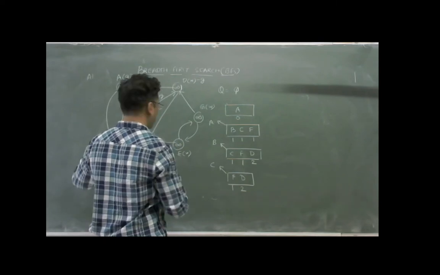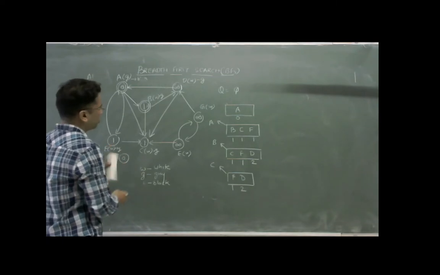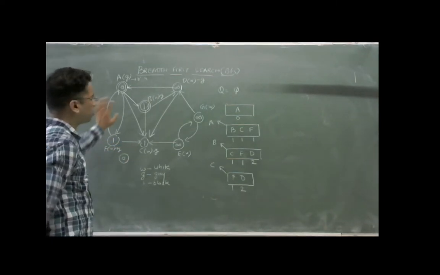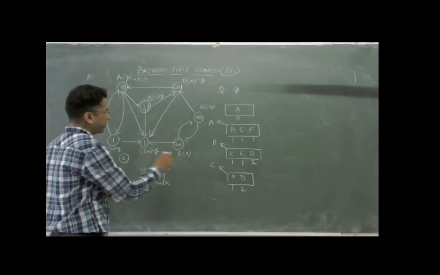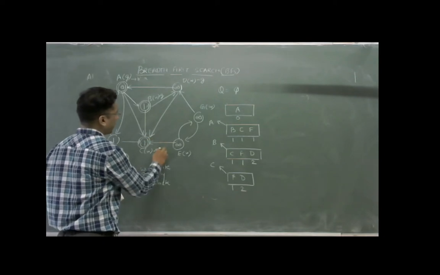Through F we can discover no new node, because C has been processed and it will be colored as black.